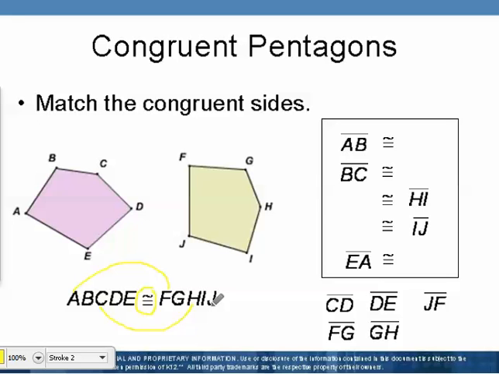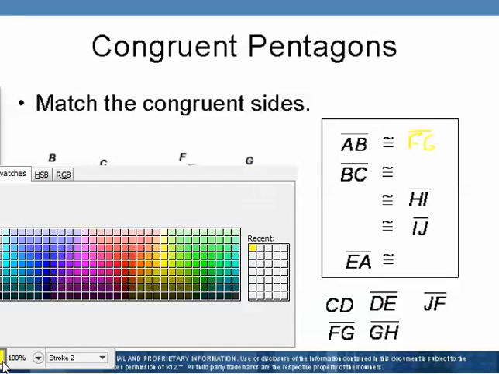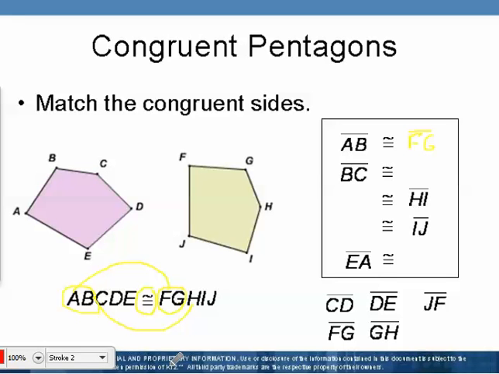By the same token, side AB, guess what it relates to? Side FG. So to answer this question over here, AB is going to be congruent to FG. That is the way the naming mechanism works. It allows us to name things in such a way that we can see which ones are related. So BC, which is the second two here, is going to be related to GH.